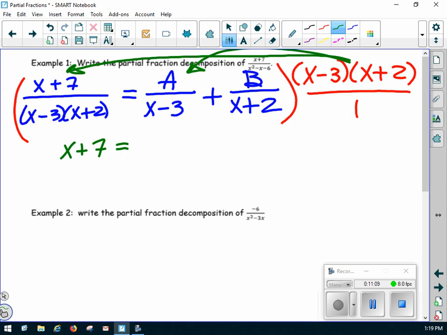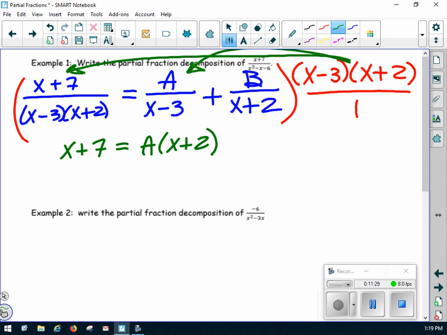The x minus 3 cancels, so what am I left with? Times A. Because there's an x minus 2 times x minus 3 times x plus 2 in the numerator, and an x minus 3 times x plus 2 in the denominator. So it just stays the same.